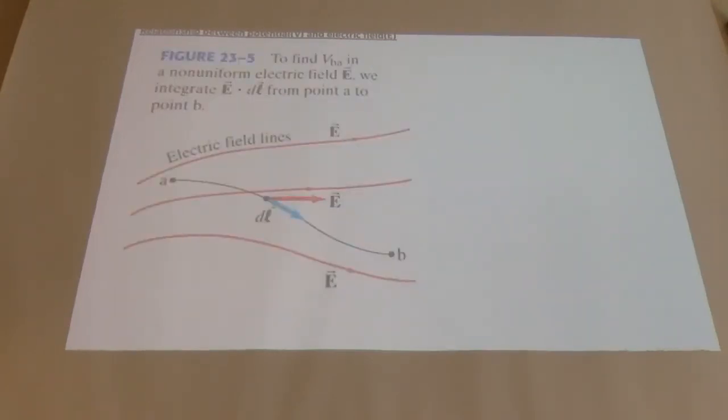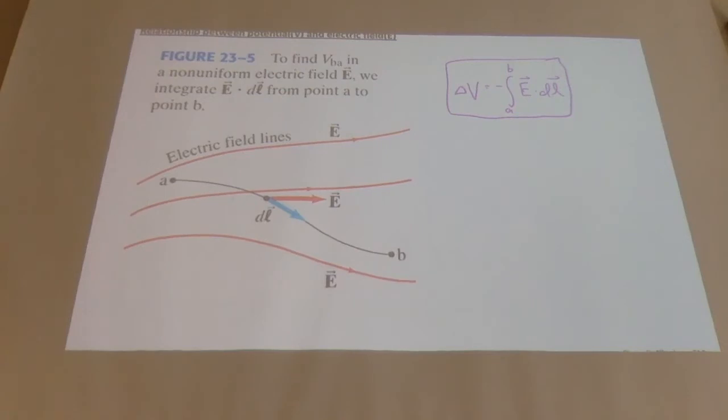All I'm going to do is rearrange this and solve for the potential difference instead. It's equal to negative the integral of E dot dl from point A to point B. So we have two relationships that connect the electric field to a potential difference.